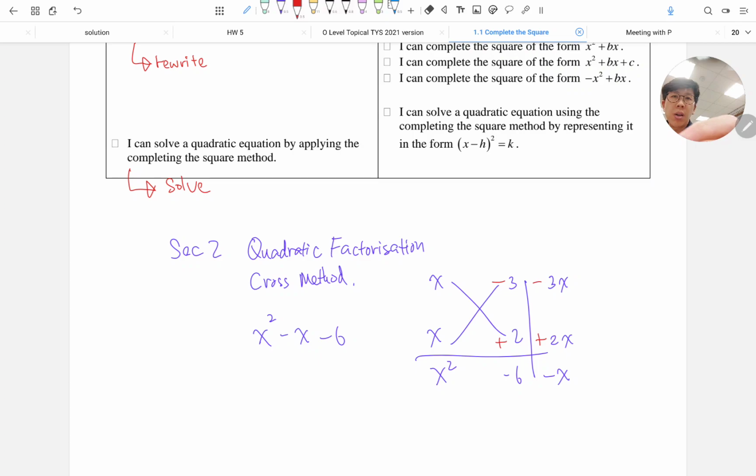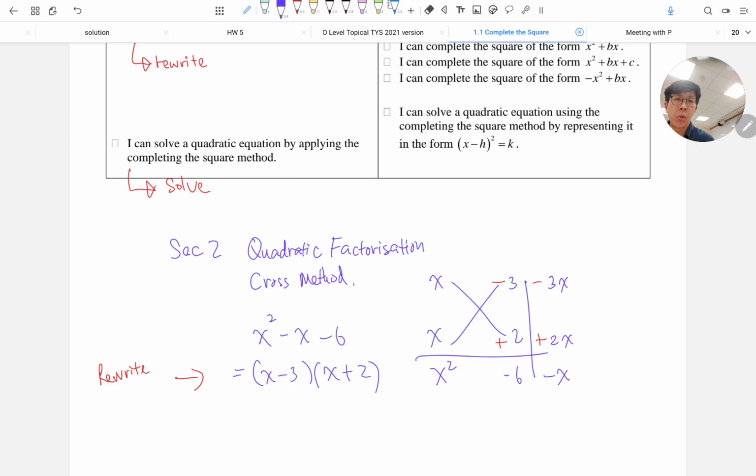Because of this technique, I managed to rewrite the quadratic expression x squared minus x minus 6 into a different format. If you recall, this was what we did in Sec 2.